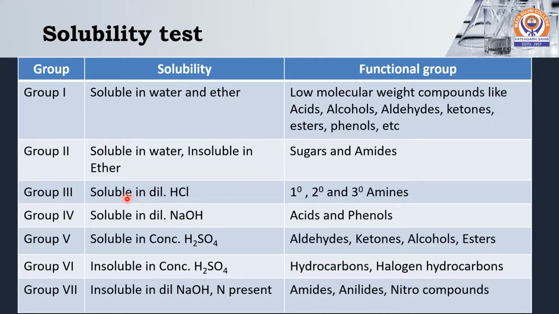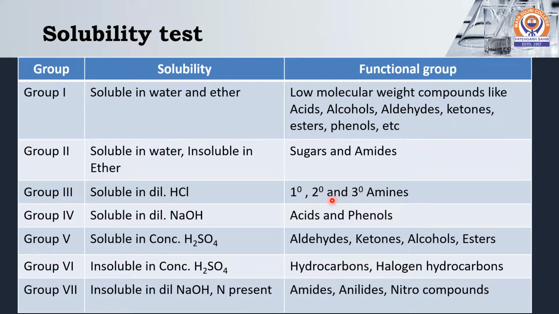If the compound is insoluble in water as well as in ether, then we will move to group 3. We will try to solubilize it in dilute HCl. If it is soluble, then it can be amines, primary, secondary or tertiary amines.